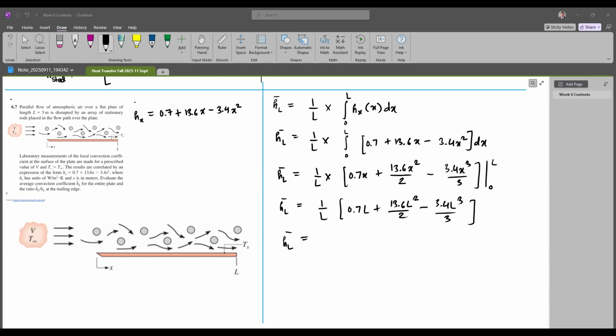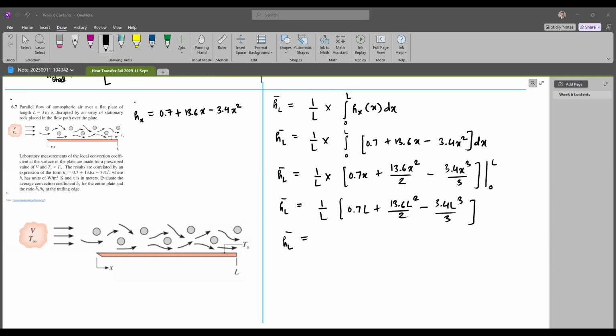what is the value which I have got? Let me see. L is 3 meters, right? So we have everything.